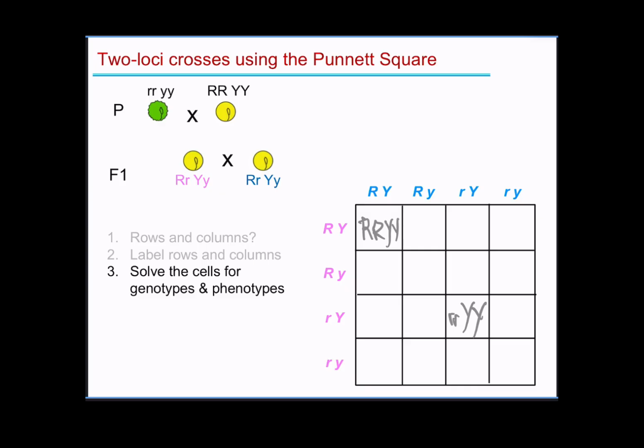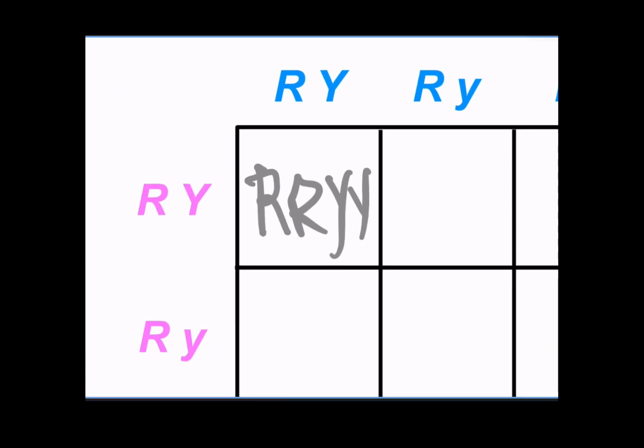Then you have to, in addition, figure out the phenotypes that correspond to each of these. There's no rule for this. It's very personal. You can use letters to indicate the phenotypes. So one thing that you could do is you go in and then you say, okay, this is going to be smooth and yellow, right? Let me find one that makes sense.